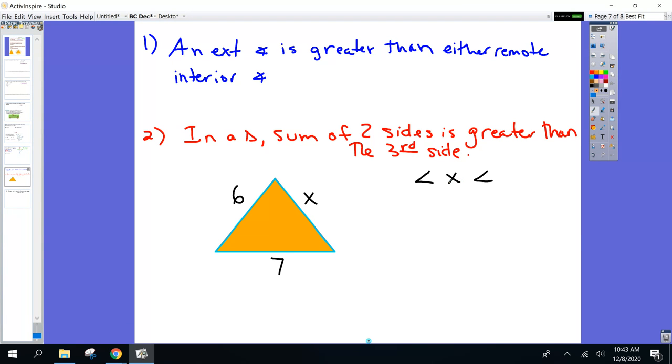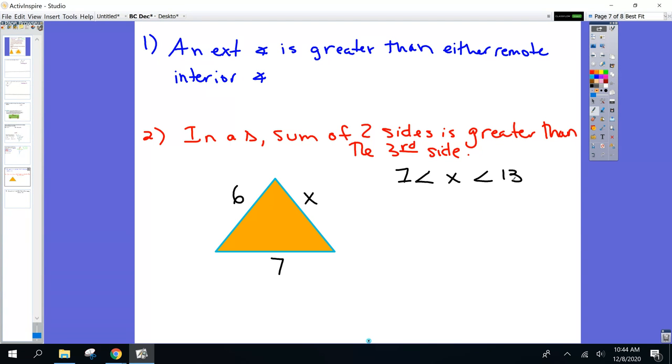How can I find what X has to be in between without listing out every single possibility? You can add and then subtract the 2 other sides. There you go. So if I do 7 minus 6, it's got to be greater than 1. And if I add 7 and 6, it's got to be less than 13. So somewhere between 1 and 13.